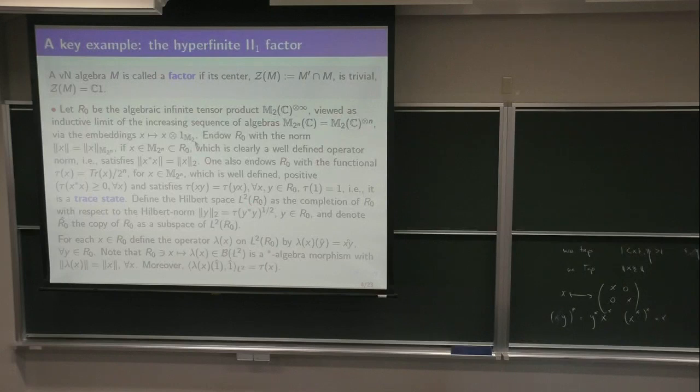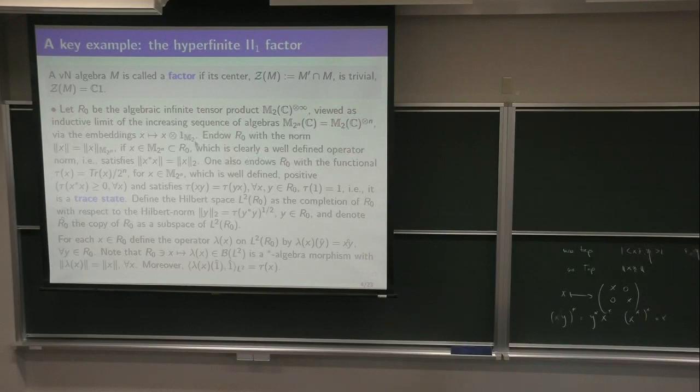We define L2 of R0 to be the completion of R0 in the Hilbert norm given by the trace in this manner. You should keep in mind the way one completes L infinity to get L2, but even more so because this is a dyadic thing.